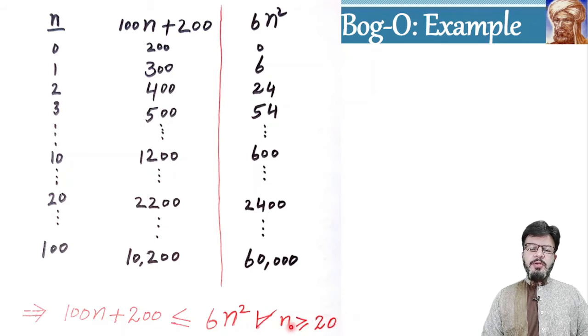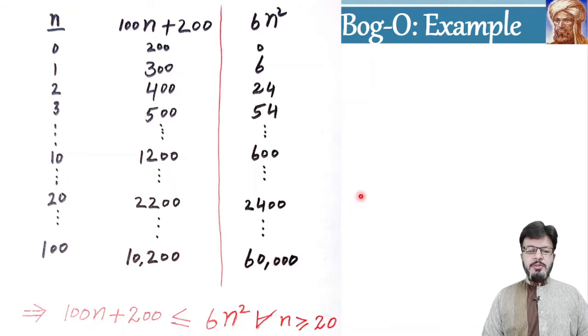That is, for all values greater than or equal to 20, the function n square, when multiplied by 6, dominates this function. Now this is the condition that we have defined in the big O notation. So over here the value of c is 6 and g of n is n square.